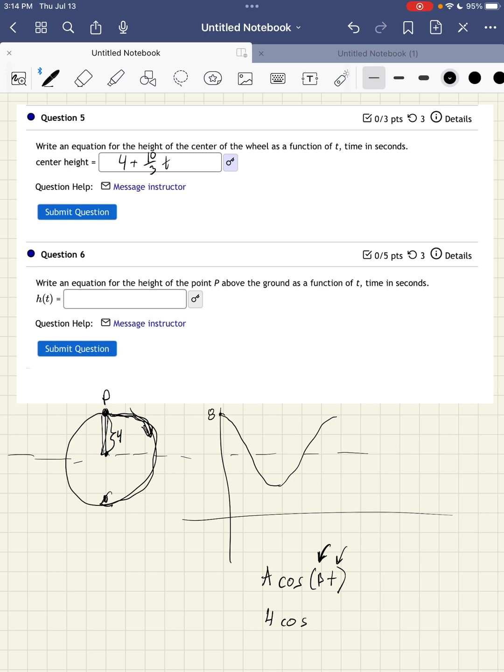We do have to make sure that when we multiply this by 1 second that it makes sense, because we're plugging in seconds here. So we need to know how long it would take to do 1 full revolution. That's what we want for this B.